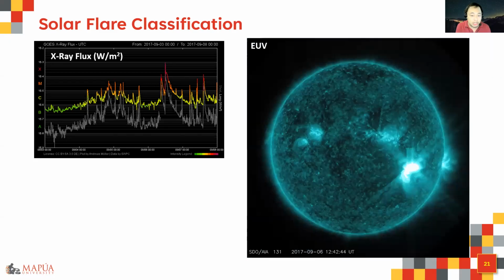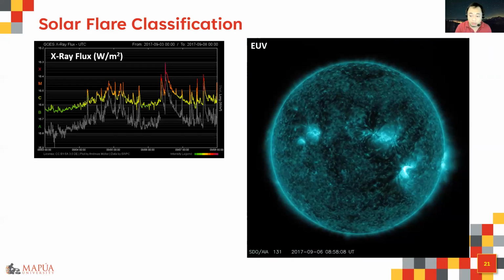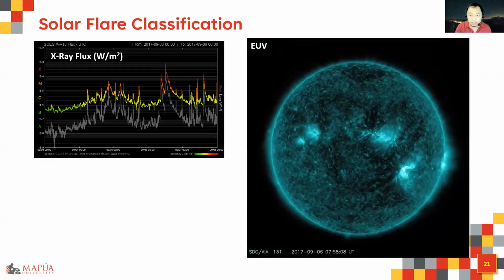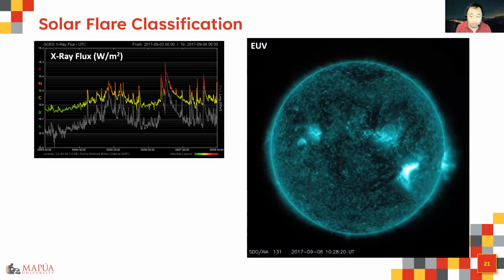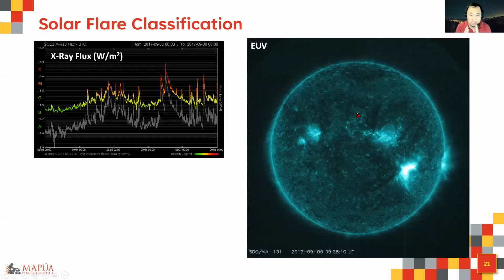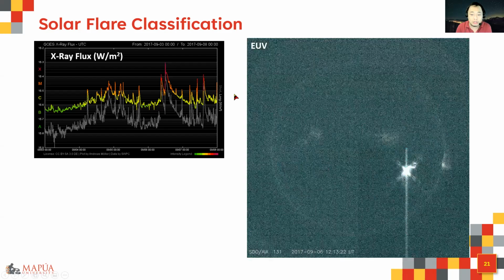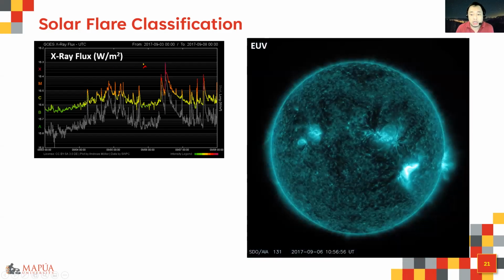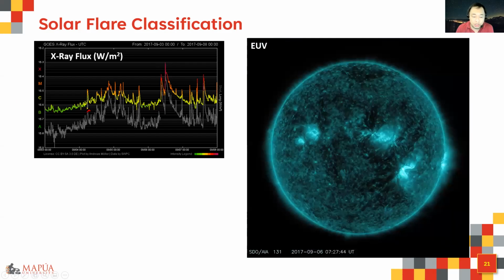Okay, so I mentioned earlier that during this time there were two brightening moments. So the first one is around 9 UT and the second one is about 12 UT. Those timings actually correspond if you measure the X-ray flux coming from the sun. Okay, so this is your X-ray flux.